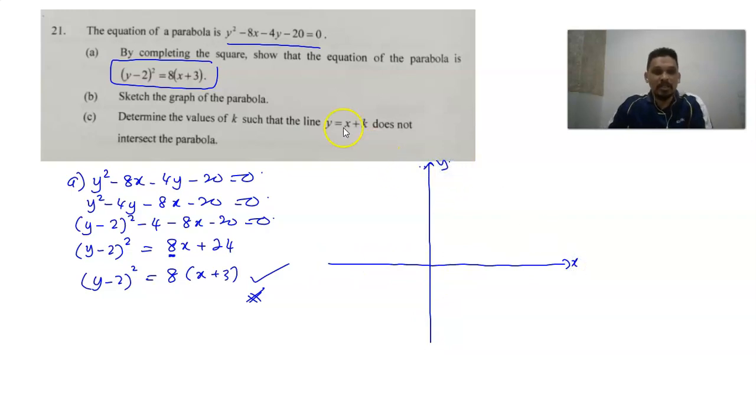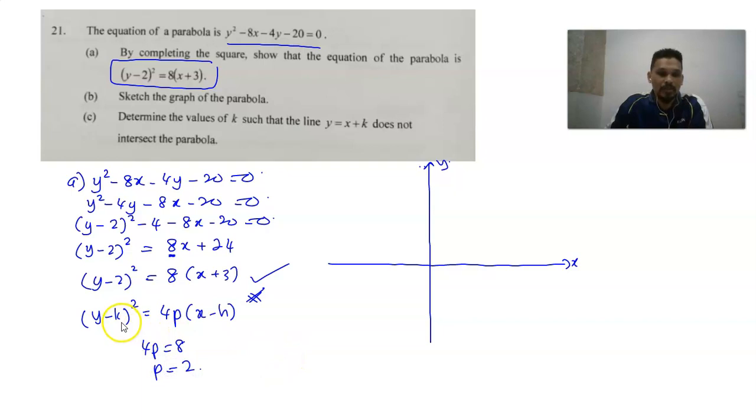Okay, sketch the graph of the parabola. For this one, (y minus k) squared equals 4p times (x minus h), and 4p equals 8, so p equals 2, positive.